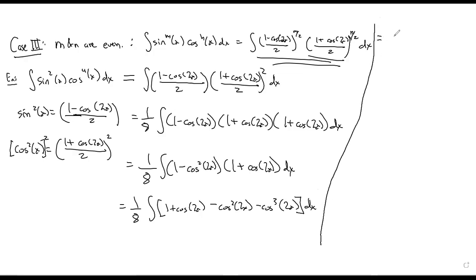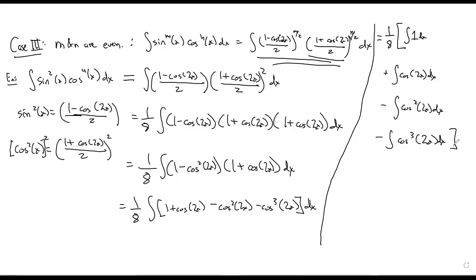We're going to write this as 1/8 times the integral of 1 dx plus the integral of cosine 2x dx minus the integral of cosine squared 2x dx minus the integral of cosine cubed 2x dx. So we have each of these integrals to evaluate.